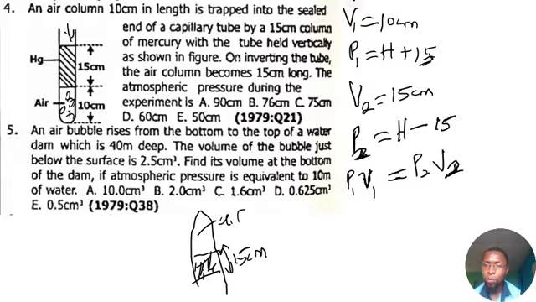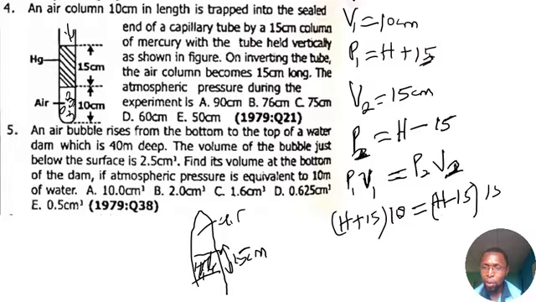Now substituting our values, V1 is 10, and P1 is H plus 15. So we have open bracket H plus 15 close bracket multiplied by V1, which is 10, equals P2, which is H minus 15, open bracket H minus 15 close bracket multiplied by V2, which is 15.